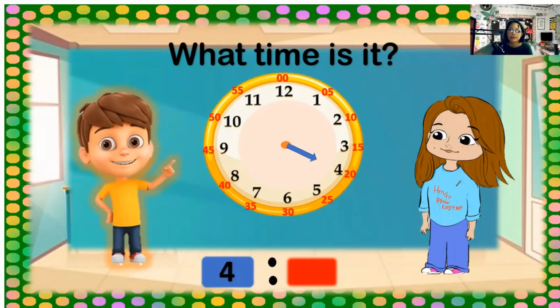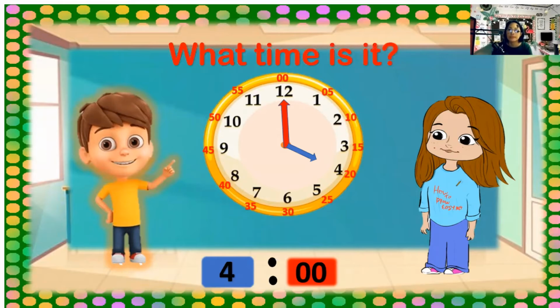Okay, so the short hand is pointing to 4. So it's 4. We will read the hour first, and then the minutes, which is in the long hand, is at 00 or 12. We will answer this. Okay, let's read the question again.